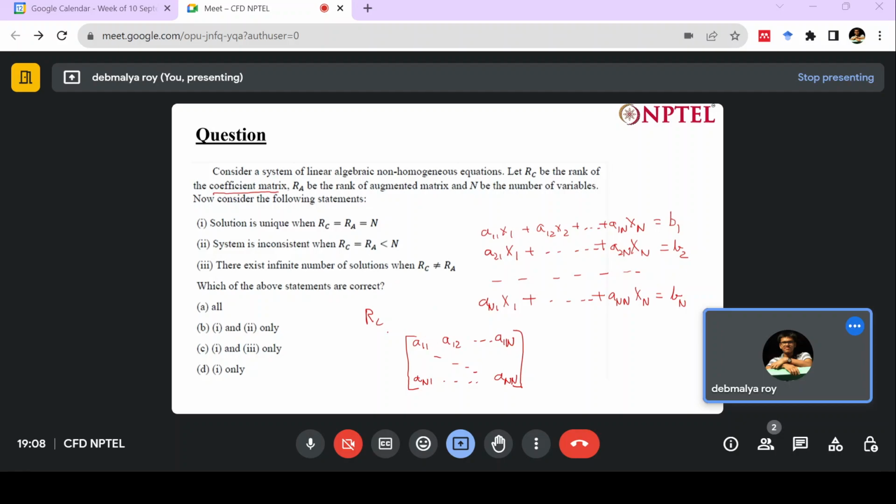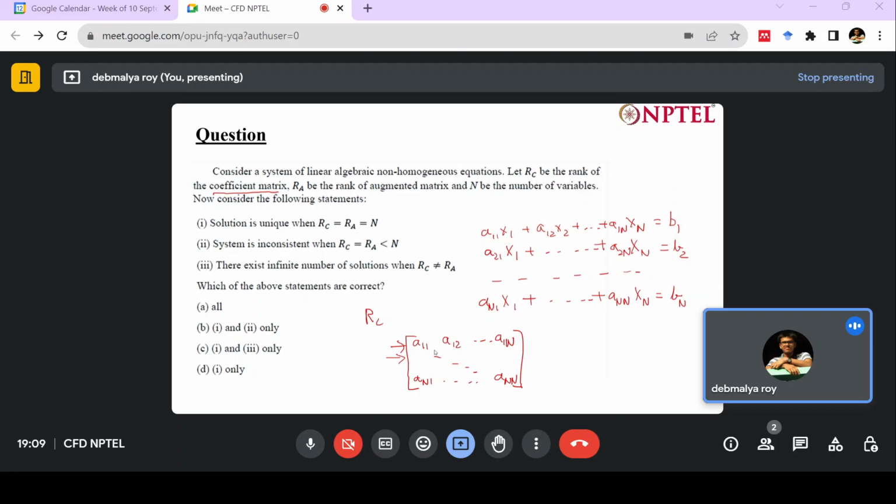So what does the rank say? The rank denotes the number of independent row vectors. Each of these rows can be seen as a row vector, and a linear combination of any two rows can produce other rows, and three rows can also produce other rows.